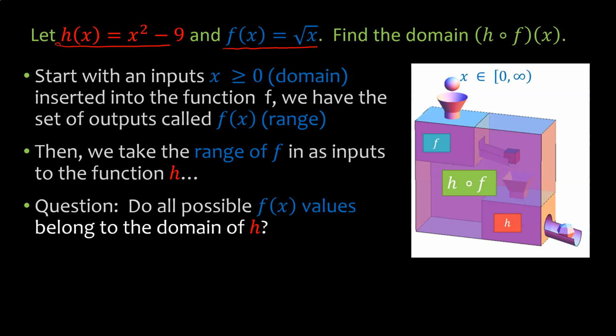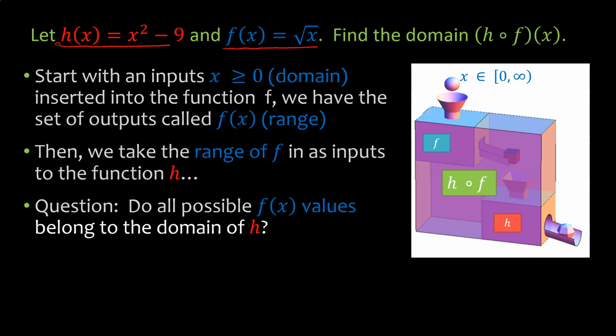A picture is worth 1,000 words, right? So here we go. We're going to start with the x value, and since f of x is the square root of x as it is defined, we can only take values that are 0 or higher. Then we insert that into the function f.